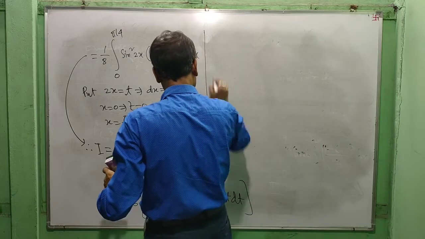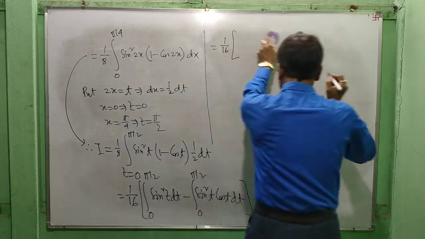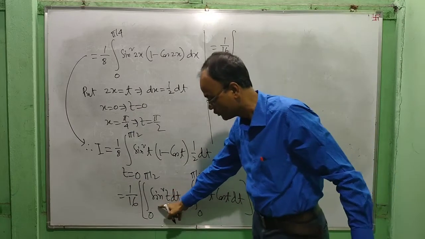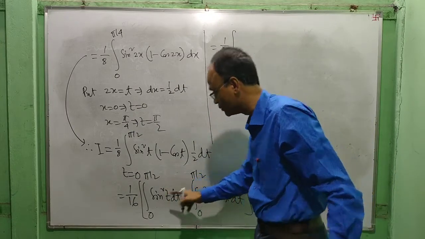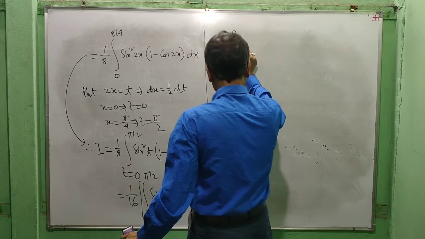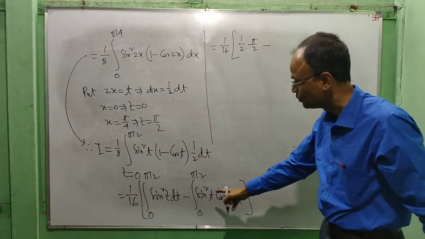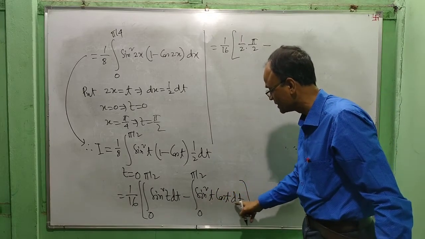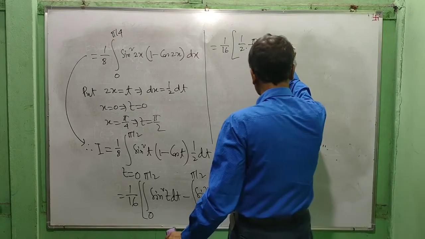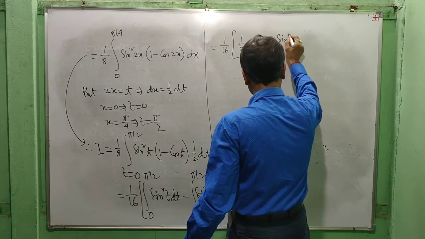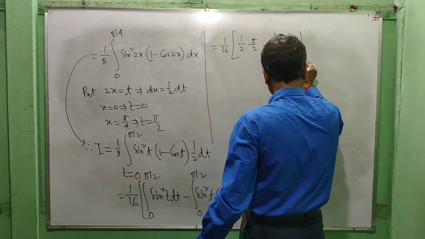This is equal to 1 by 16. Now you can find it with the reduction formula: 1 by 2 into pi by 2, minus, if you put sin t equal to z, cos t dt equals dz, z square gives z cube by 3, so sin cube t by 3, from 0 to pi by 2.